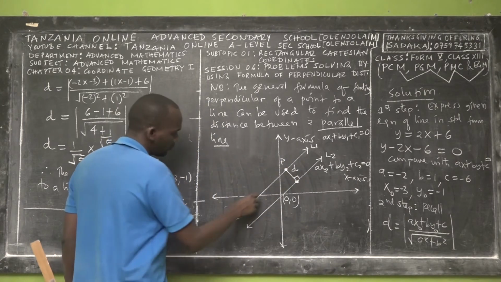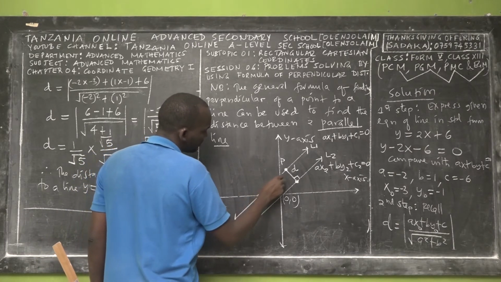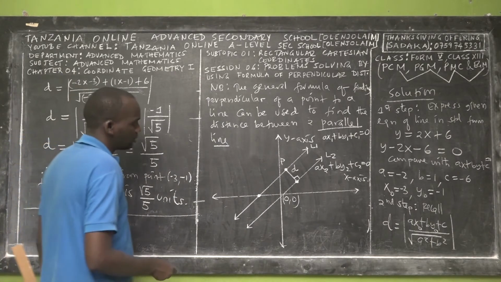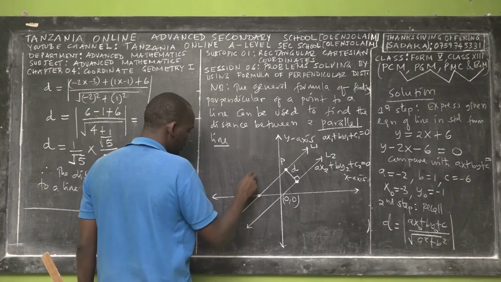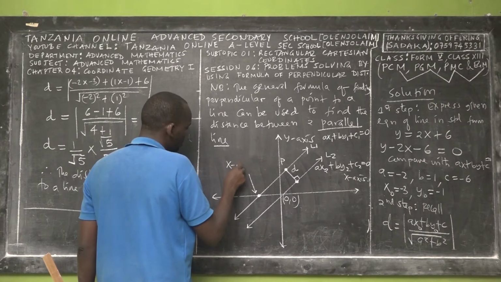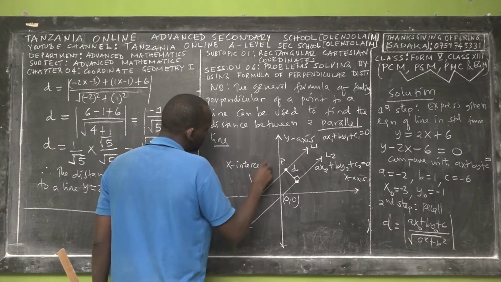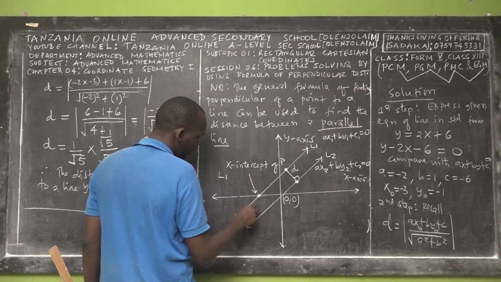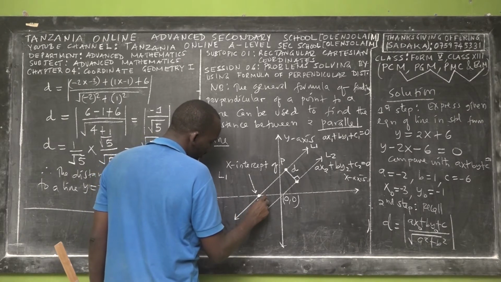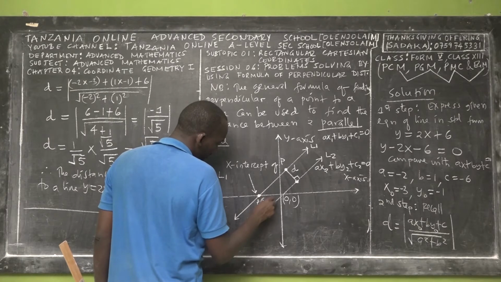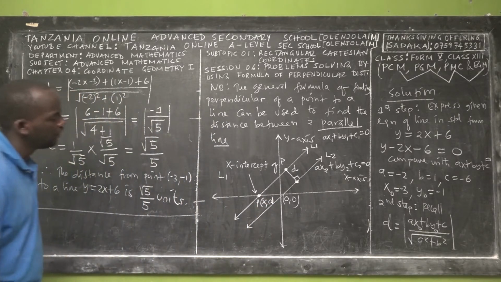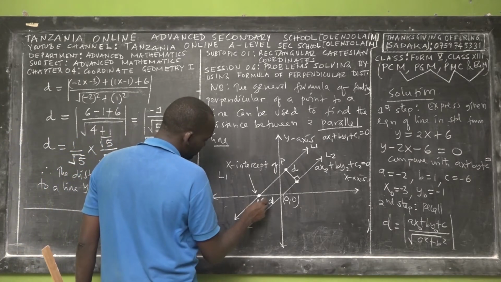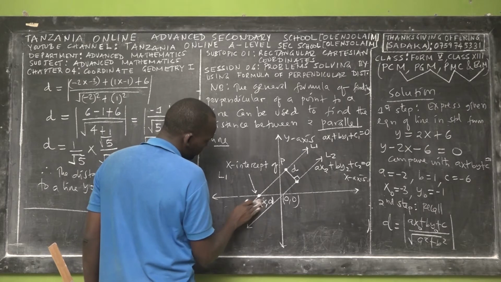But the most interesting point is the x-intercept. So we find the x-intercept of line 1, and this is point P. You can find the perpendicular distance.